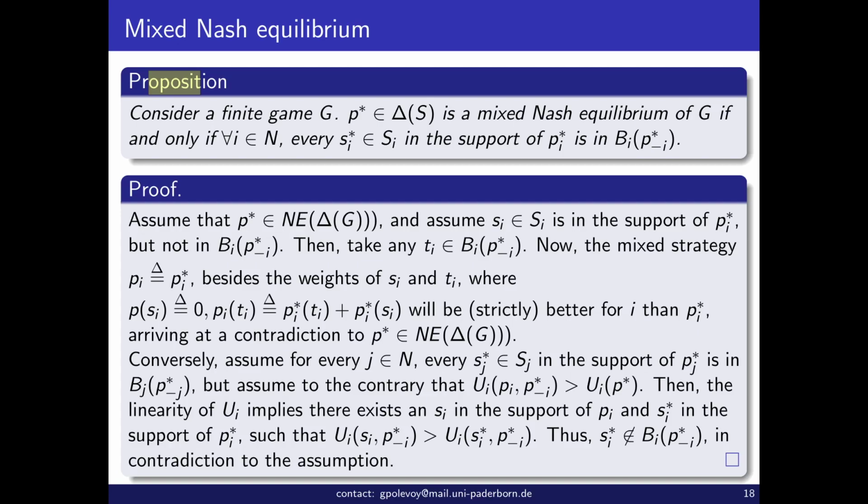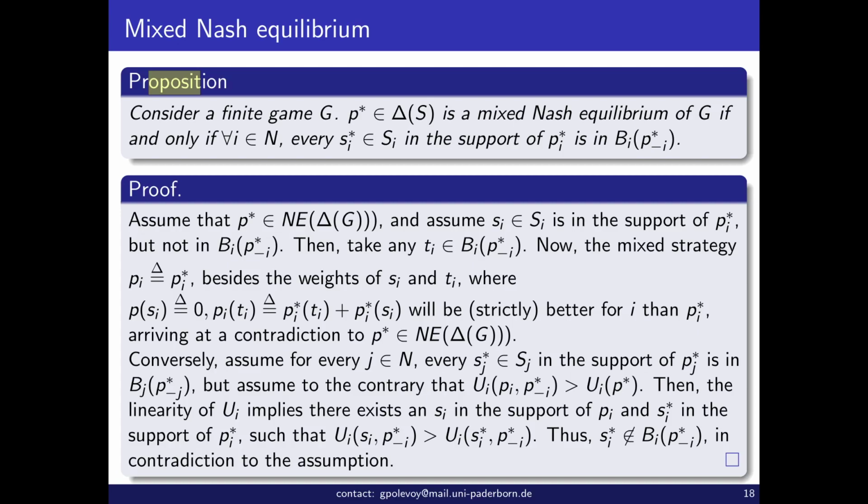Now the linearity of capital Ui implies that there exists a strategy Si in the support of Pi, the strategy to which player I has deviated, and a strategy Si star in the support of the original strategy of player I in P star, such that Si gives a strictly better result for player I against P star minus I than Si star.